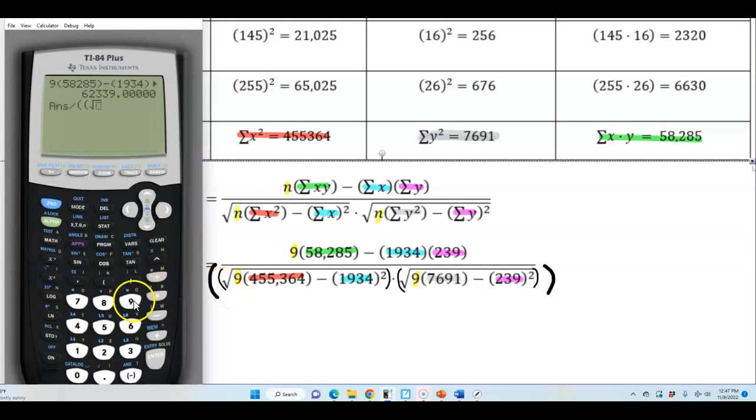We have 9 times 455,364, and then minus, and then parentheses 1934, and then we're going to square that. Now we're going to have that in parentheses.